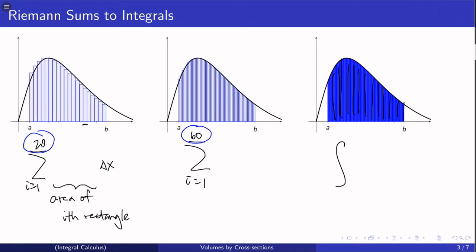This was a uniform subdivision, so a to b, the whole interval, is divided into n equal width subintervals. And the height of each rectangle is given by this f of x_i star term. If this is f of x, a curve y equals f of x, then you pick an x_i star from each subinterval, and that tells you what the height of the rectangle is that you're making.